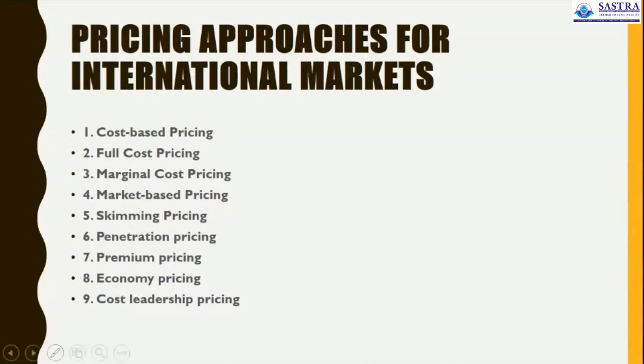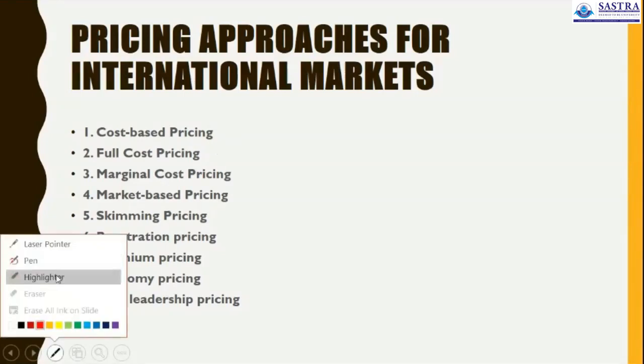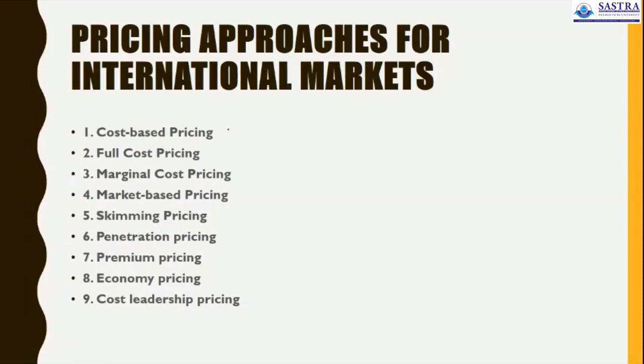So the cost incurred for manufacturing of the products, the cost incurred for the packaging of the products, likewise, plus the desirable profit margin, is added to derive the price of the product. This type of pricing method, we call it cost-based pricing.